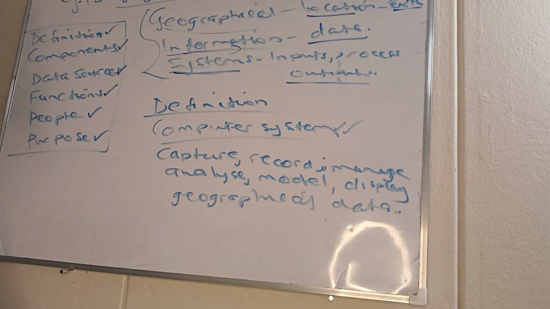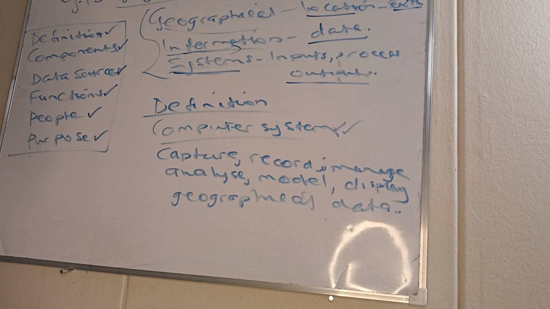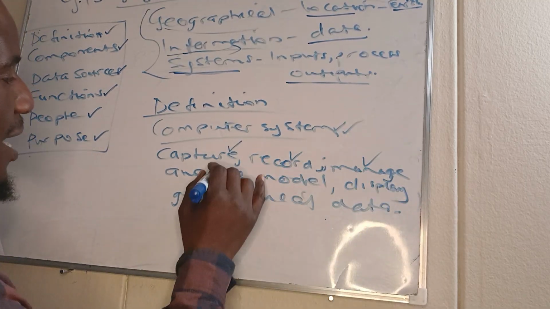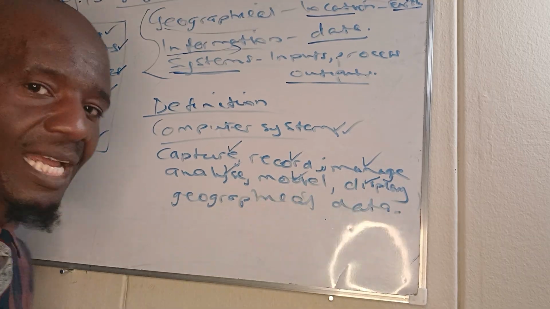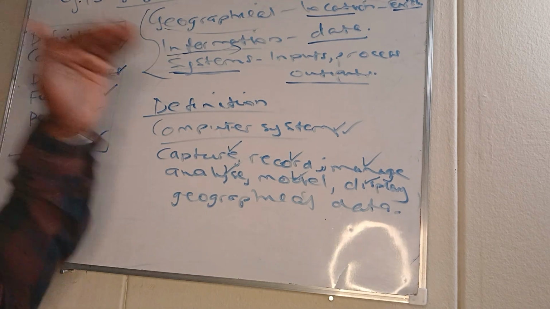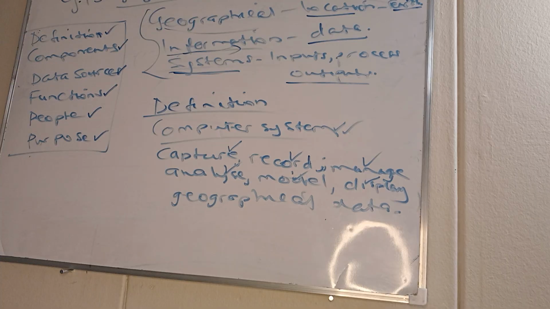So in terms of definition, our geographical information system is a computer system that is used to capture, record, manage, analyze, model, and display geographical data. So that's what it does. So that's how you define your GIS. It is defined in terms of its function.